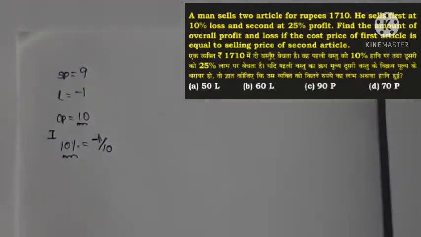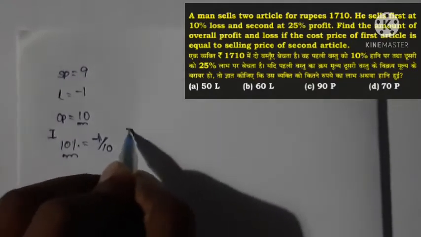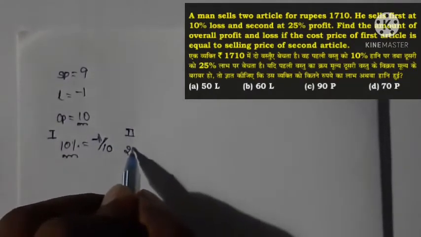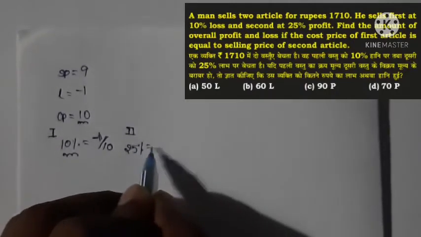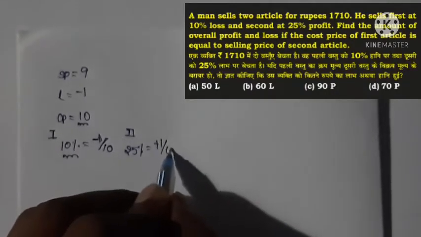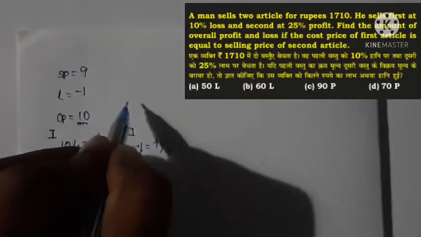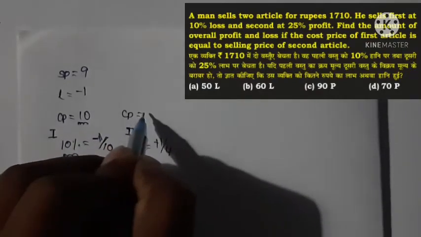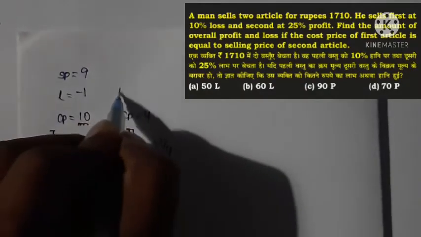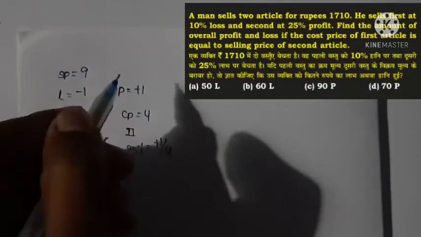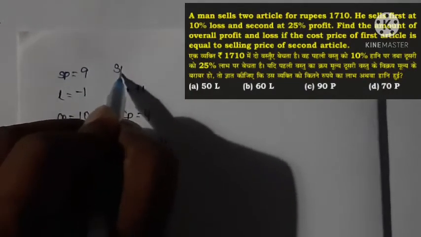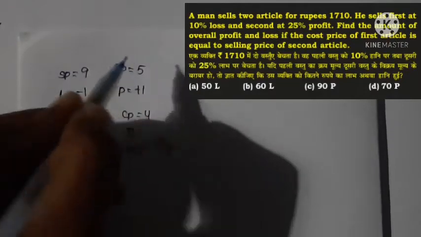The second is sold at 25% profit. So the value is equal to plus 1 by 4. Say the cost price is equal to 4. The profit is equal to plus 1. Then the selling price is equal to 5.